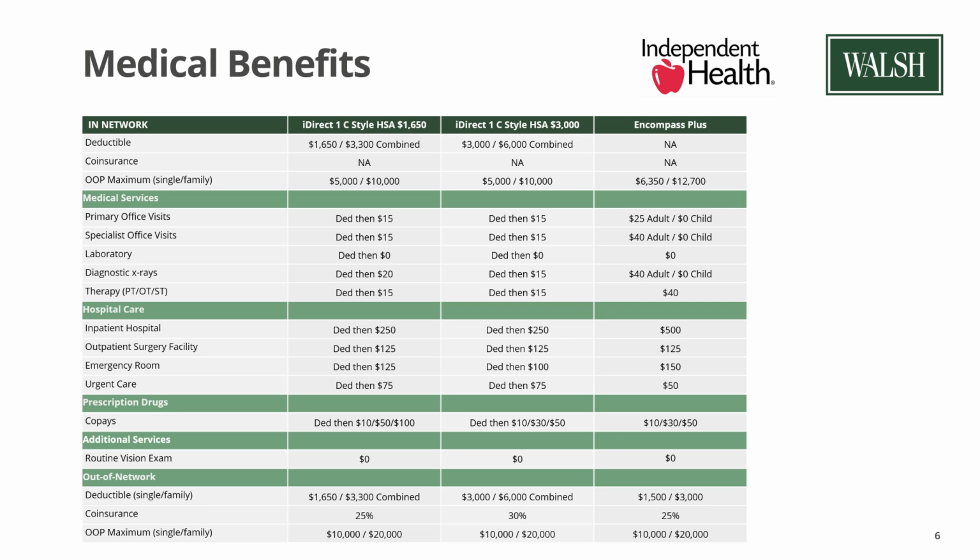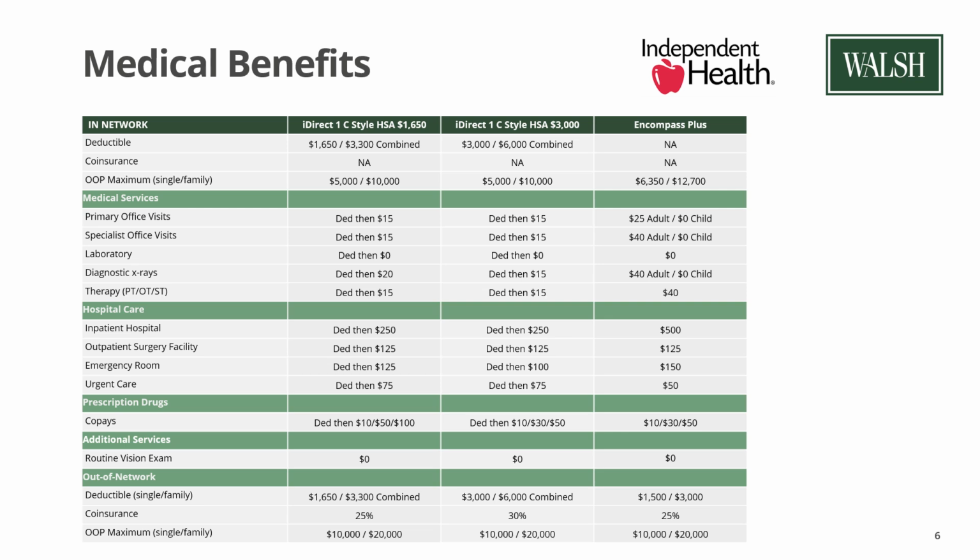Diagnostic x-rays, again, have a separate copay, whether it's an adult or a child. Therapy, so physical therapy, occupational therapy, or speech therapy that is processed through the health plan is going to be $40 per visit. Moving down to hospital care, inpatient hospitalizations are $500 per admission.